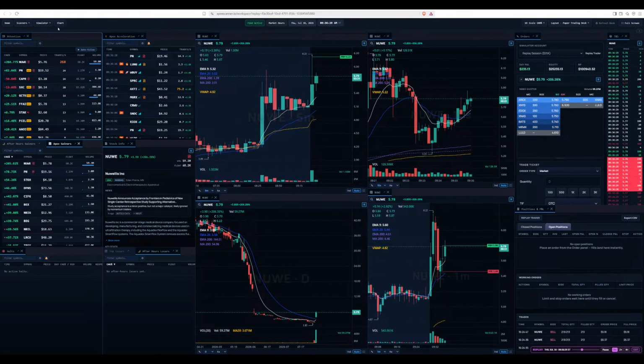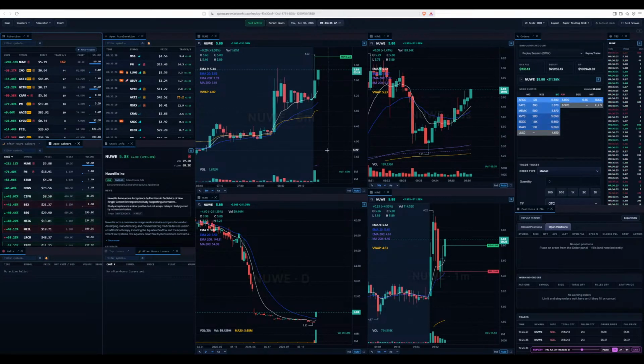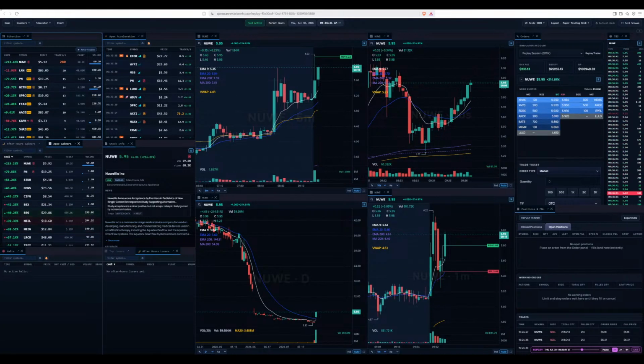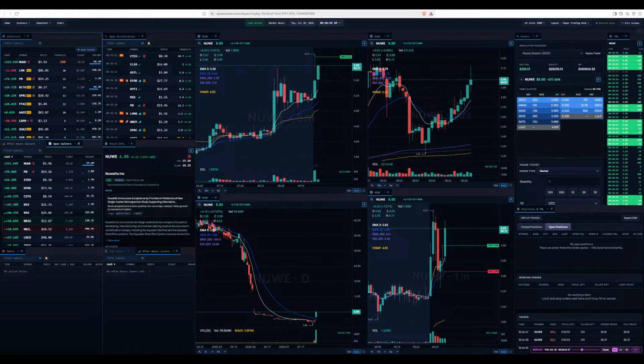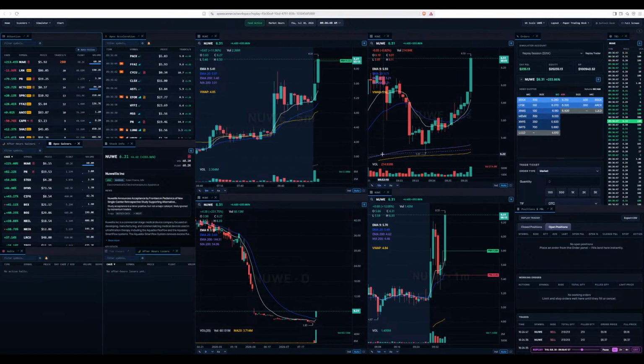But if you do want to trade the market, learn how to trade the small caps, and you don't really have the time on the weekdays to trade along with the actual market hours, you can always use the replay functionality and open the market the exact same way it would have been on that particular day at that particular time.